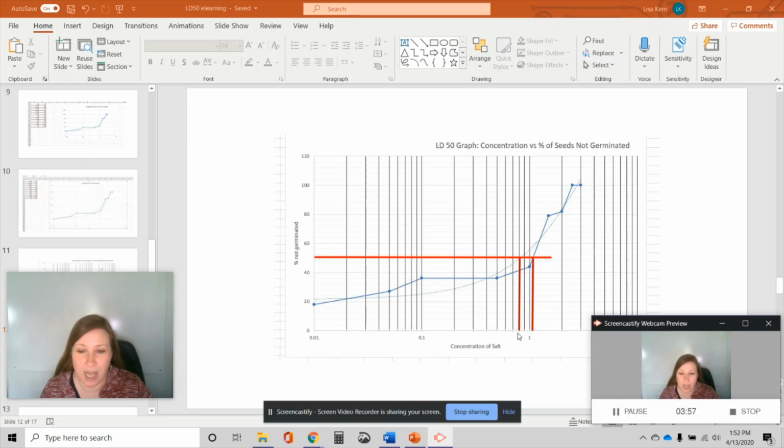So 0.8, remember these concentrations are in percents. So it's between 0.8 and 1, well, this is 2 and this is 1, so it's going to be something small. So I would say anything between 0.6 or 0.7 and 1.5 or so would be within the acceptable range for this question.